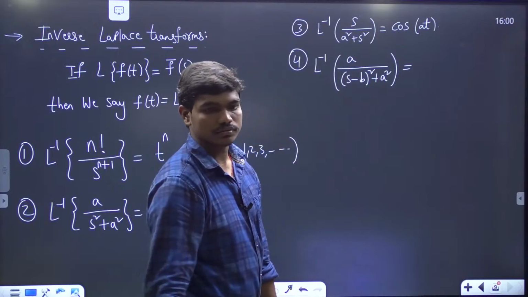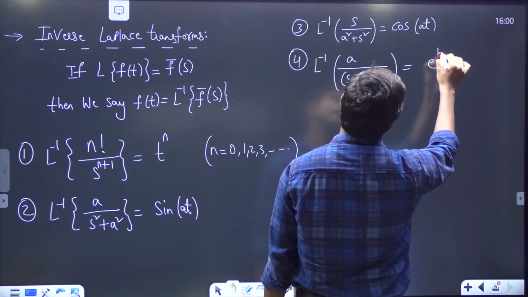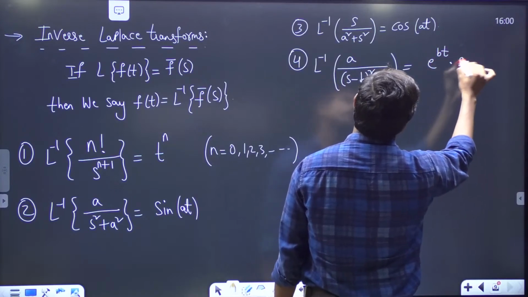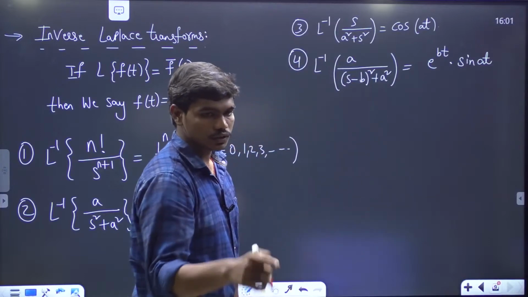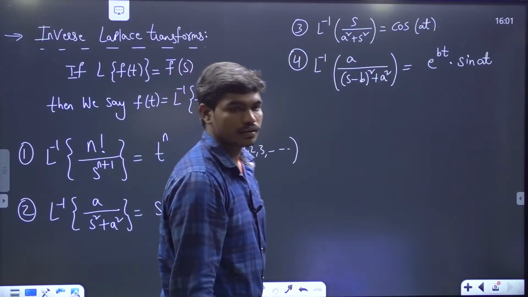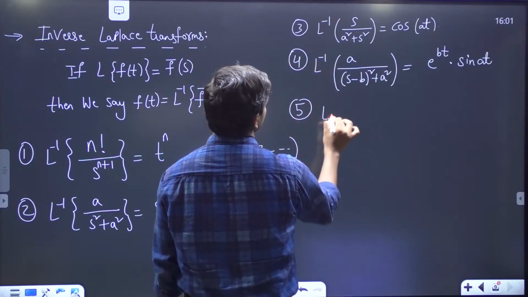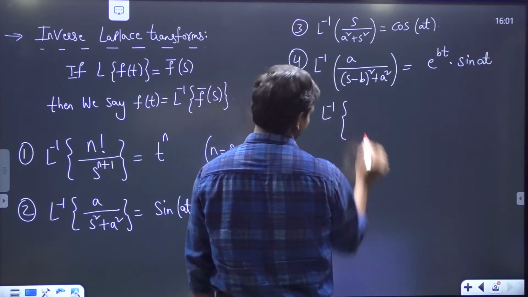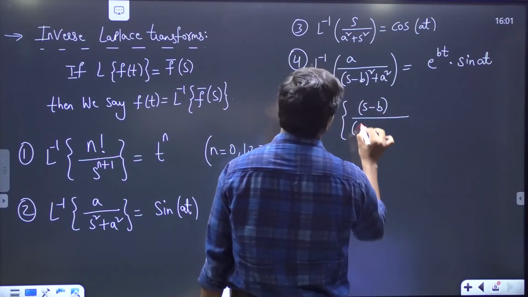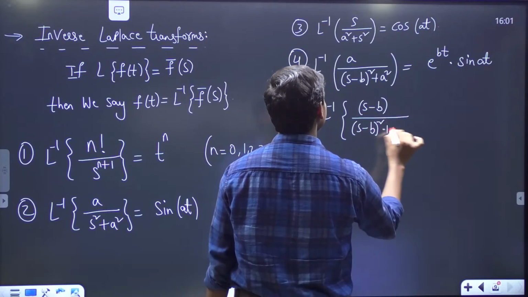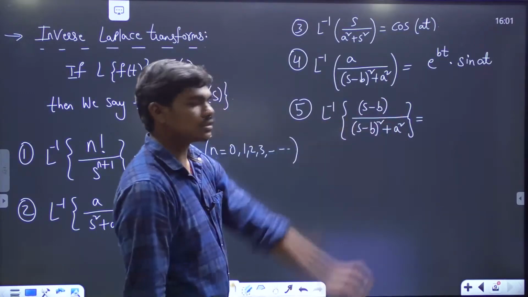So this is e power bt into sin at. Before, when I wrote a here, your answers were correct, Suma and Prem Kumar and others. Similarly, if I write L inverse of s minus b divided by (s minus b) whole square plus a square, what could be the answer for this?